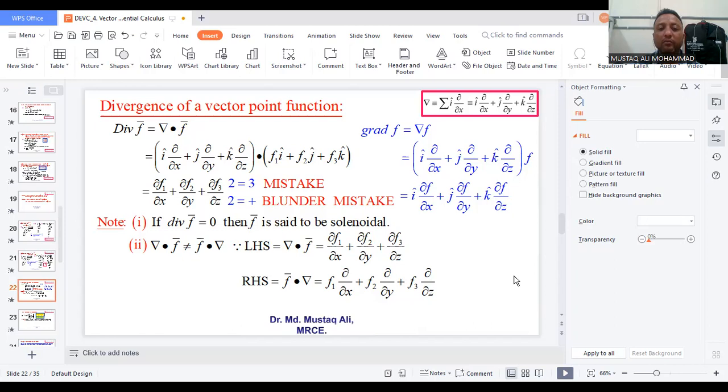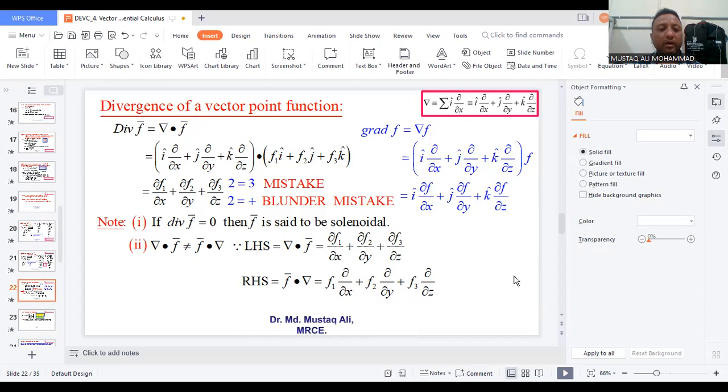What is the mistake and what is the blunder mistake? Equating two integers which are equal or not equal is called a mistake. If you equate an integer or number with any sign or algebraic values like plus, into, minus, and so on, these are called blunder mistakes. So remember to write the values in correct mode, otherwise there may be mistakes.